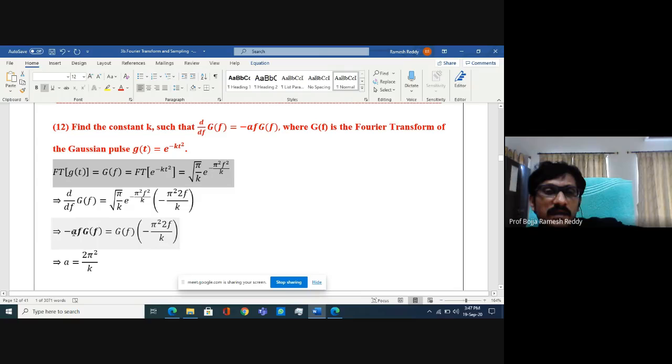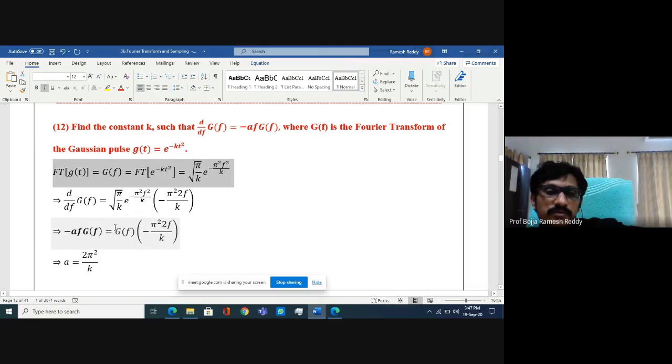Left side: d by df of G of f is equal to minus a f G of f, where a is a constant. Right side: root pi by k e power minus pi square f square by k is G of f, so this part is G of f into this part.